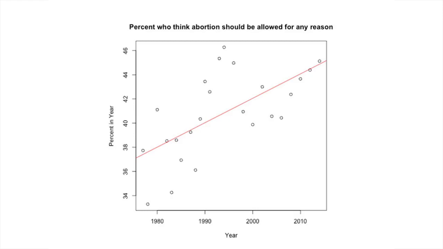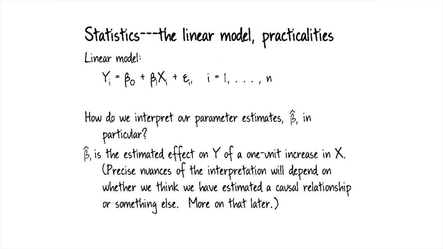Okay, questions? Okay, so how do we interpret these parameter estimates? In particular, how do we interpret the estimated coefficient on our x variable, this beta 1 hat? Well, beta 1 hat is the estimated effect on y of a 1 unit increase in x.